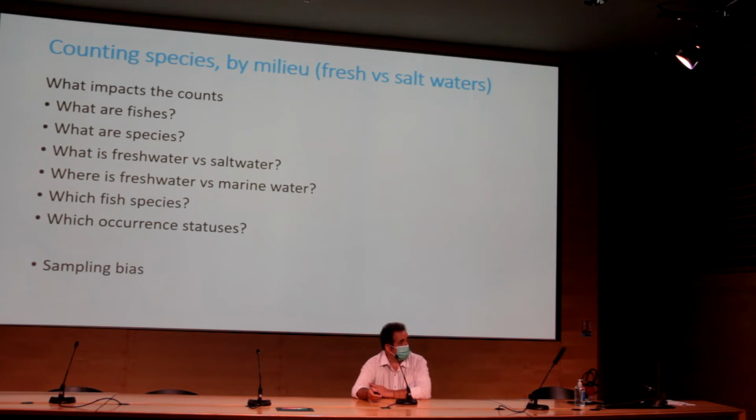And if we want to differentiate between freshwater and salt water, you have to give a definition of what is freshwater, because there are some standards, but they are different. And you always have the problem of brackish waters; you don't know what to do with them. I added this line: what is freshwater and marine water.